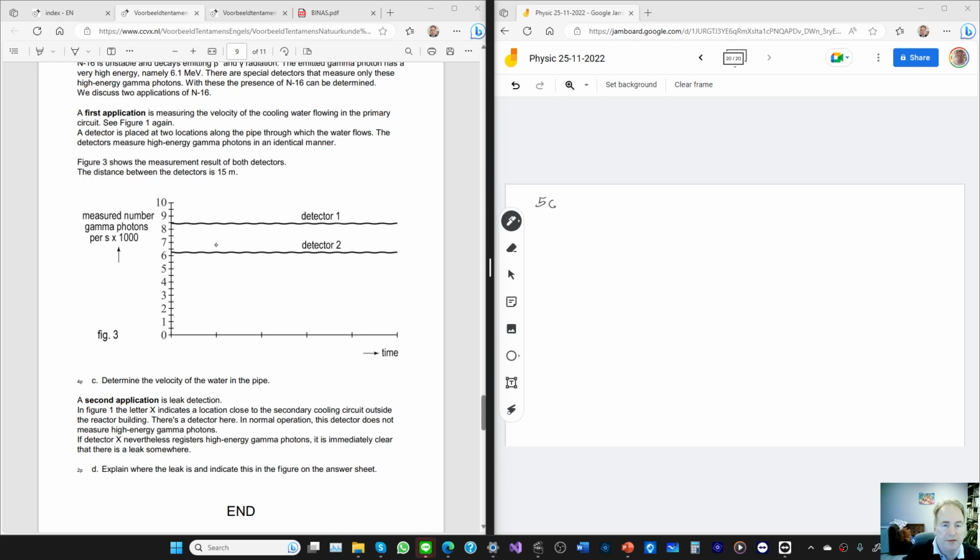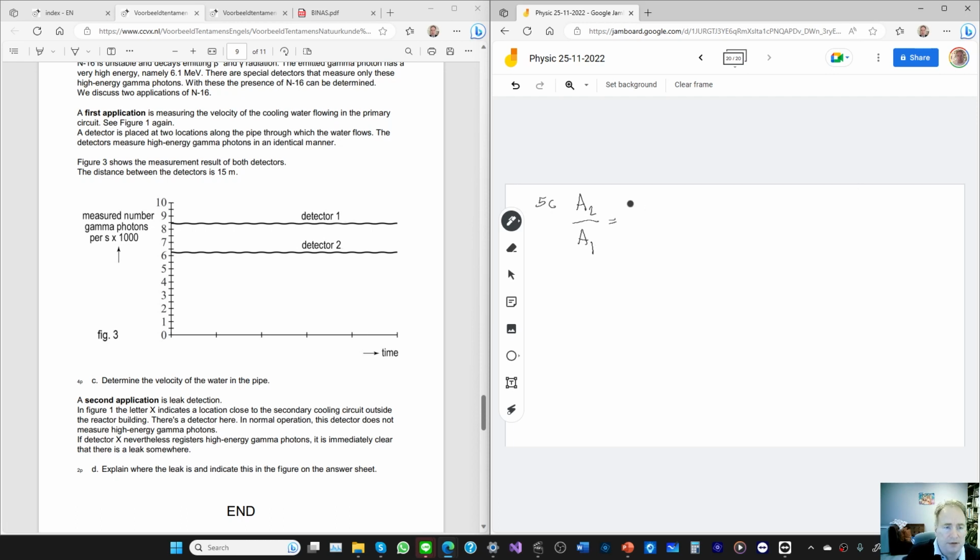The radioactivity at detector 2 is much lower than at detector 1. And that's because in the time the water traveled from 1 to 2, a bunch of these already decayed. So let's look at this ratio of the radioactivities at detector 2 and 1.